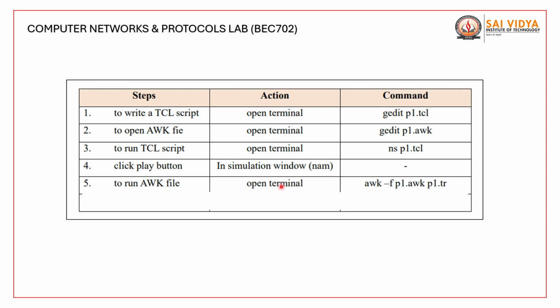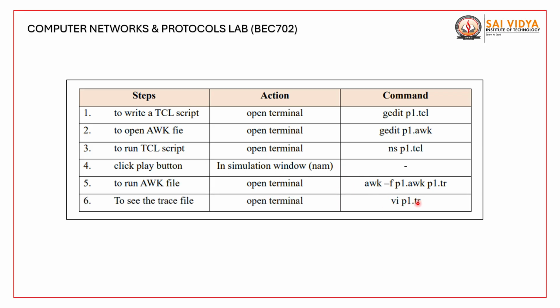Again in terminal, you have to type awk -f p1.awk, that is the AWK file you have written here, and link that AWK file with p1.trace, that is trace file. So the contents of trace file are analyzed by the AWK file here. In order to see the animation, you have to click the play button.